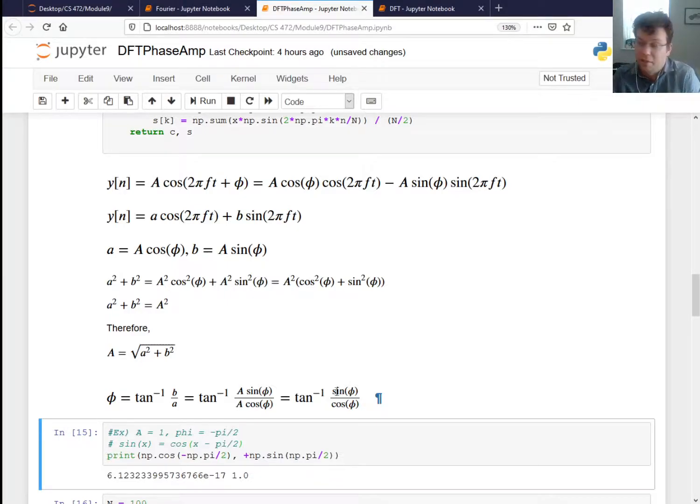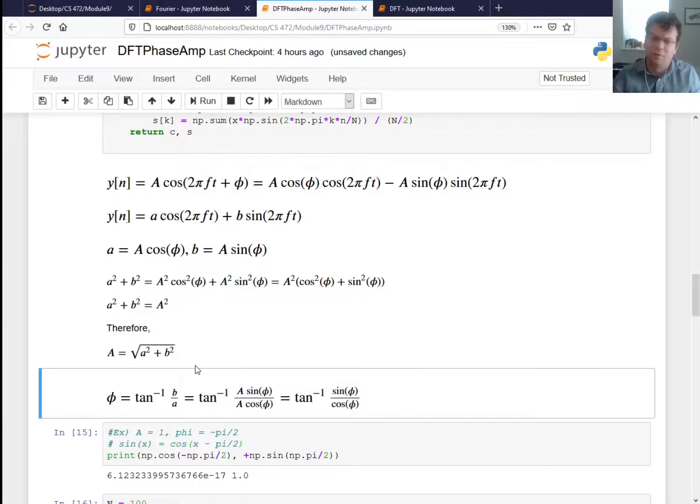Well, if I'm given sine of phi over cosine of phi, I'm given the ratio, I need to go back to an angle, I just take the inverse tangent. So you can actually get both the amplitude and the phase with these equations. So amplitude is the square root of the cosine amplitude squared at that frequency plus the sine amplitude squared. The phase is the inverse tangent of b over a.